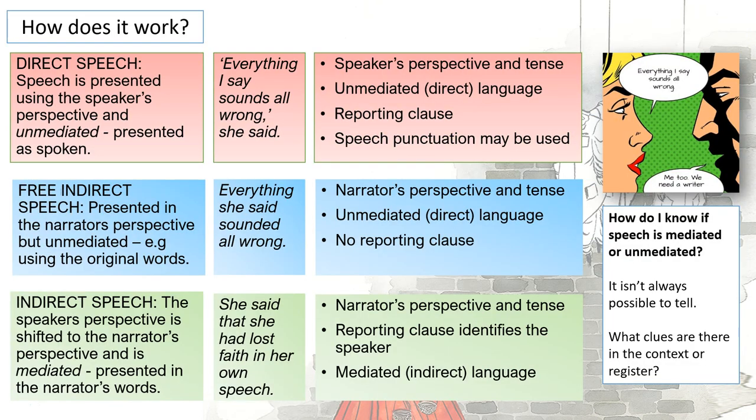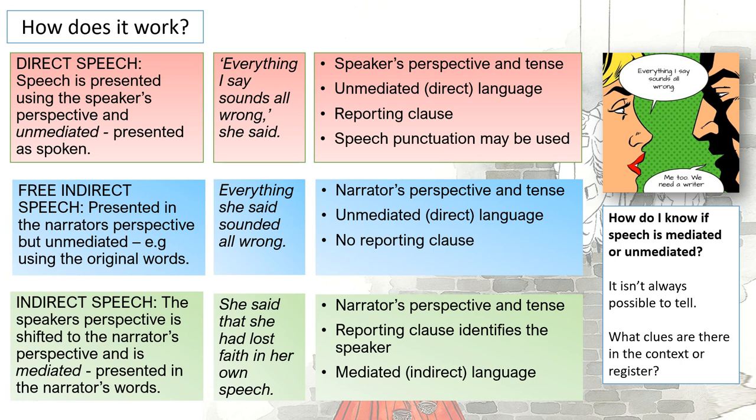Okay, let's look in a little more detail at those top three main examples: the direct speech, the free and direct speech, and the indirect speech. The three examples that were given, how do they actually vary? Well, as you can see in direct speech, the speaker's perspective and tense is used.